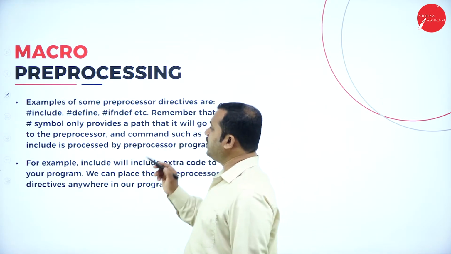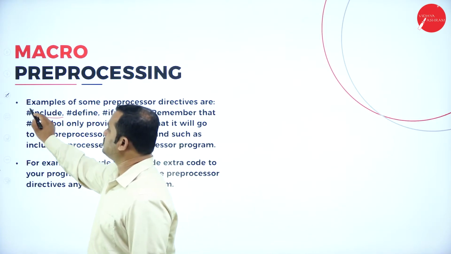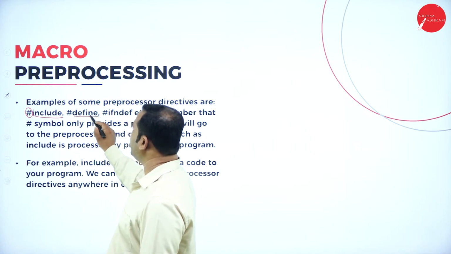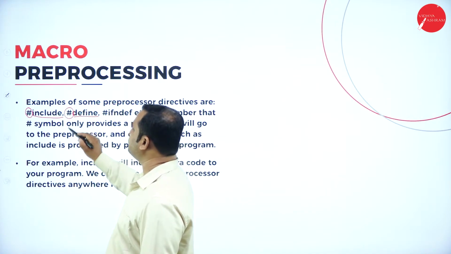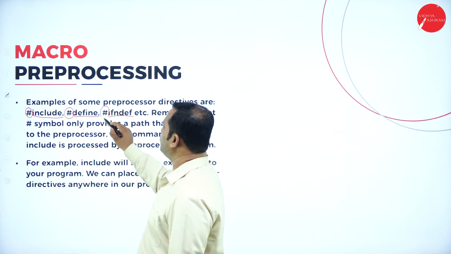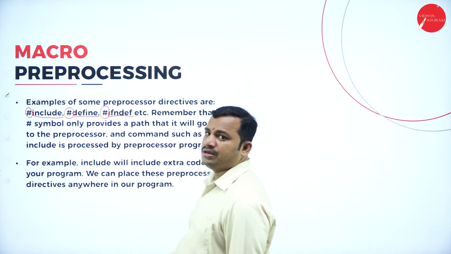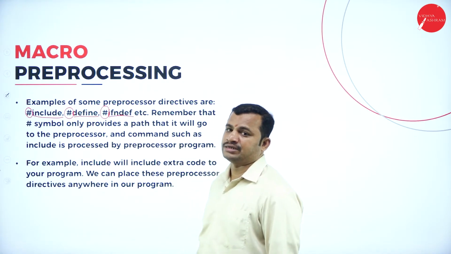Now, if you look at this, include is one statement which is preceded by a hash symbol, #define, where define is a directive preceded by the hash symbol, #ifndef, also preceded by a hash. Similarly, we have various other types of preprocessor directives.